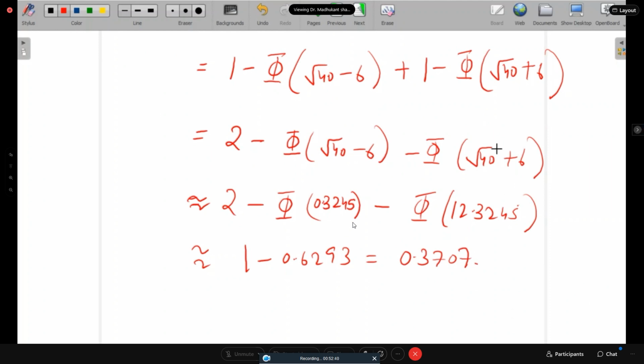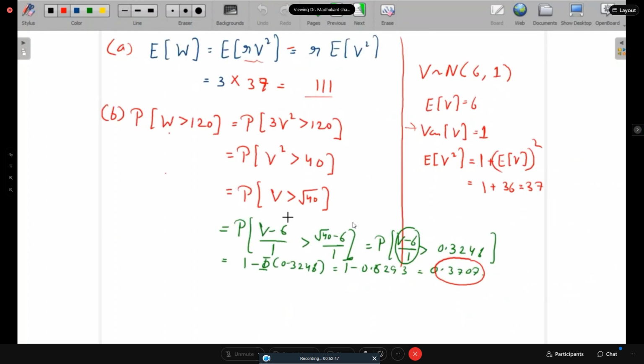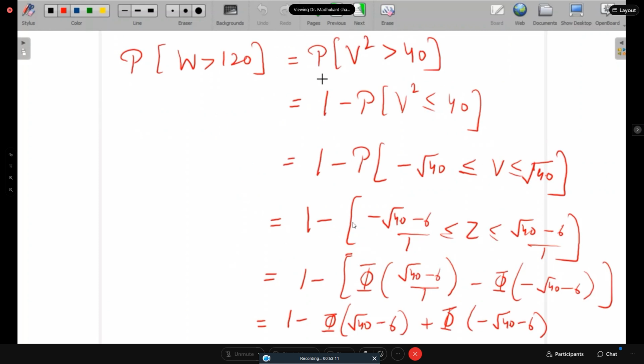So here it is not affecting, because root 40 plus 6 lies far beyond the table's range. Still okay, but it's better to be on the safer side, so it's better that we have done it this way.